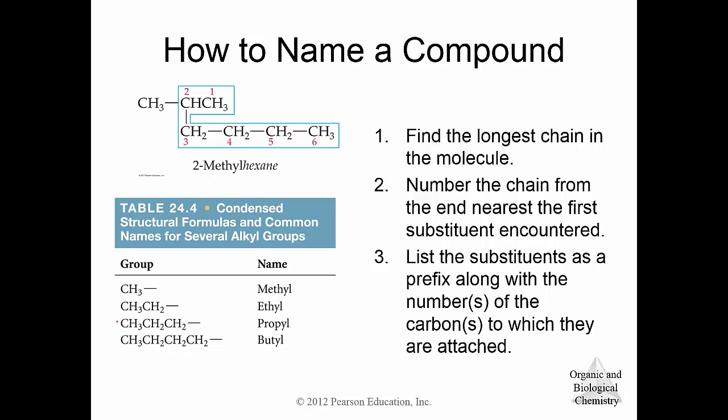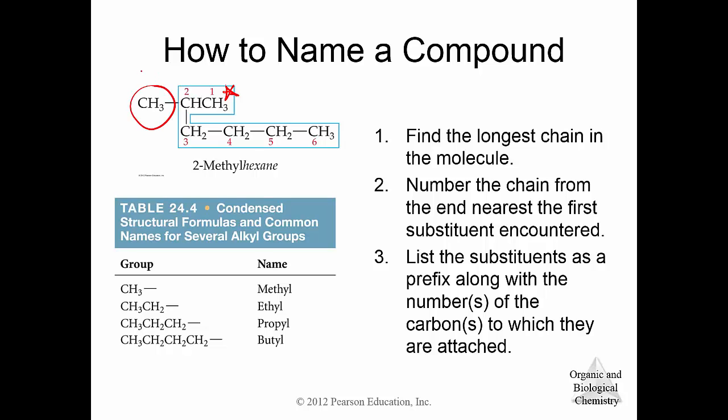How to name a compound: you find the longest chain in your molecule and you number the chain from the end nearest the first substituent encountered. Notice in this example we have a 6 carbon chain. I can either choose to start numbering from the left or from the right. I'm going to number from the left because that's the side closest to my methyl group.